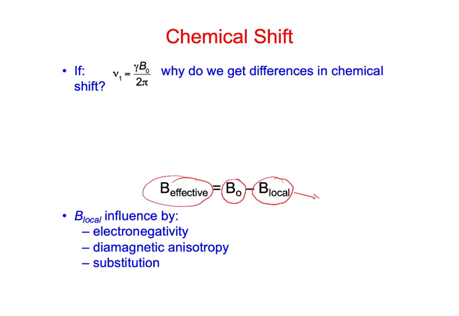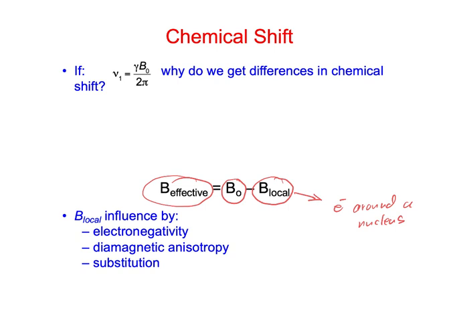This B local comes from the electrons around a nucleus. Because the electrons, as I was leading to last time, have the opposite charge, the magnetic field created by the electrons is opposite of the applied magnetic field.